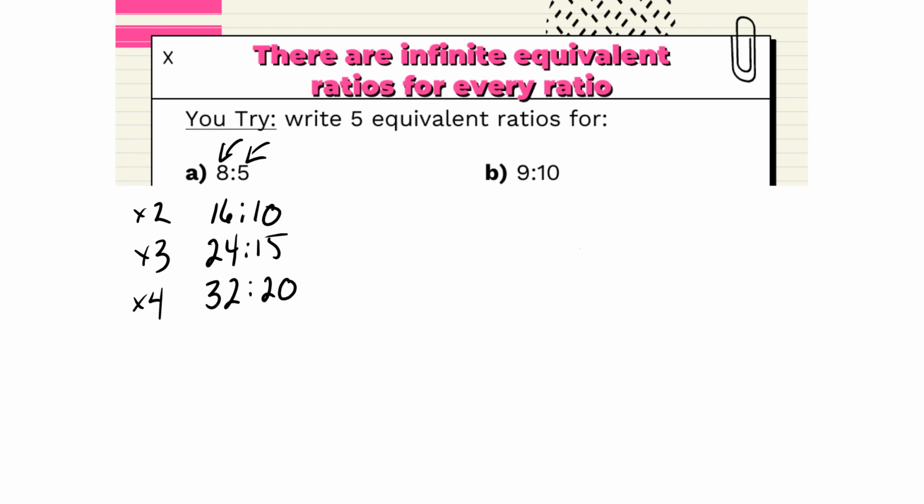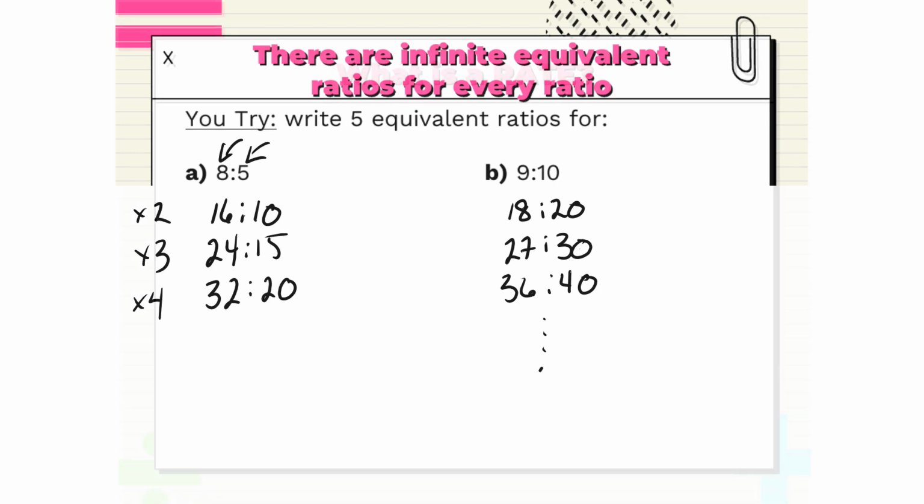Similarly, for the ratio of 9 to 10, we can have a ratio of 18 to 20, 27 to 30, 36 to 40, and so on. We can keep going. So there's an infinite number of equivalent ratios. It just means that both sides are multiplied by the same amount or divided by the same amount.